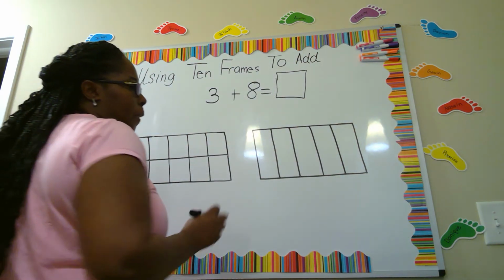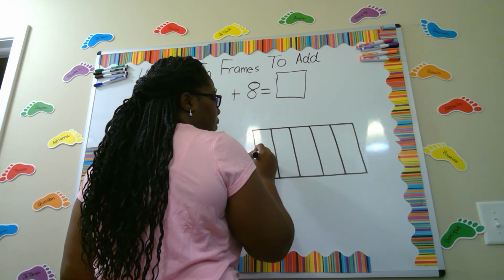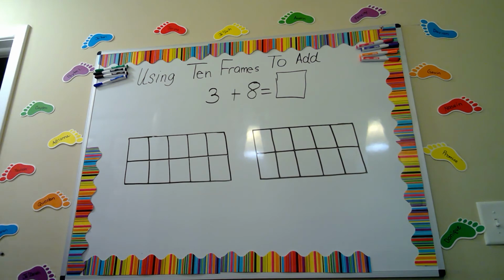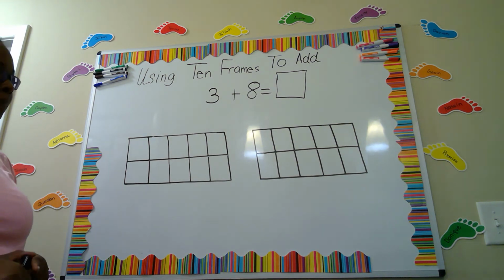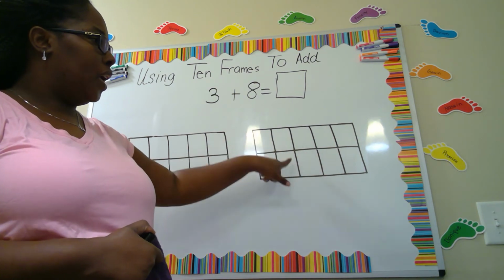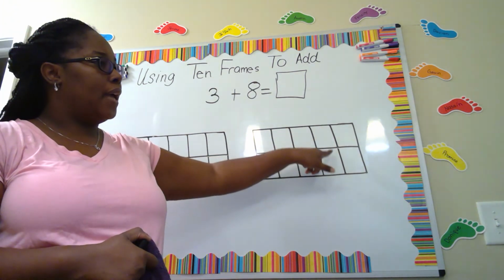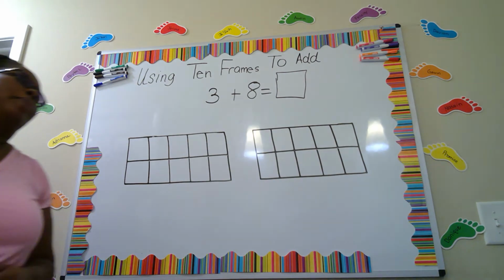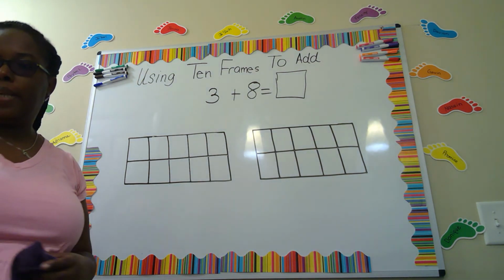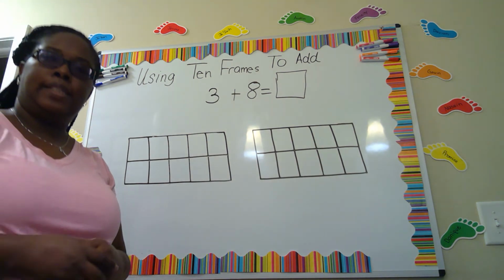All right. And then we're going to find the middle and draw a line. When your paper looks like this, you got 2 10 frames. Each only have 10 squares. 1, 2, 3, 4, 5, 6, 7, 8, 9, 10. Hold it up and let us see it. Okay? So I'll give you a second. You're going to hold it up. Let us see it.